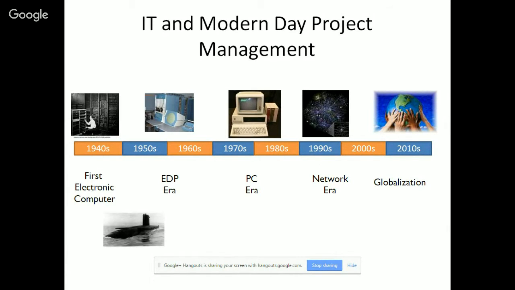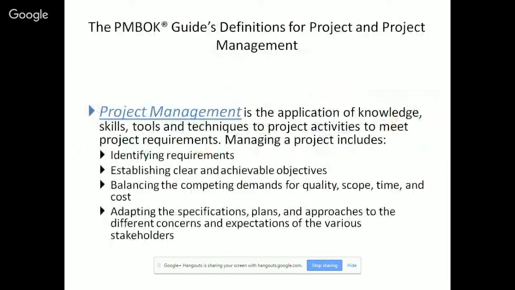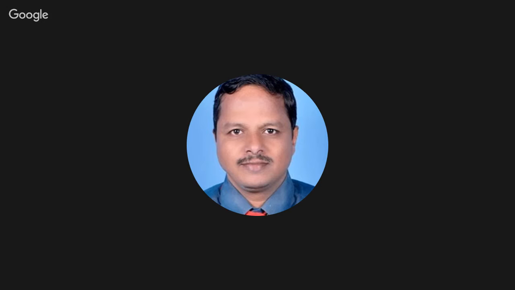If you talk about the PMBOK guide definition, as you must be knowing, project management is the application of knowledge, skills, tools, and techniques to project activities to meet the project requirements.